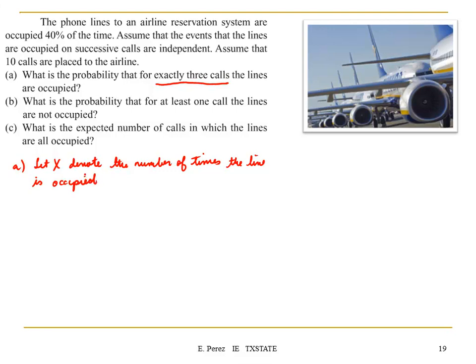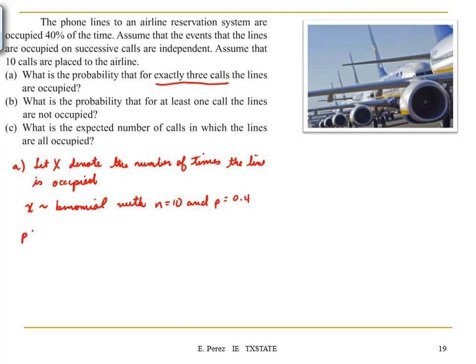Okay, so that's our success. Number of times that the line is occupied is our success. So we can say that X follows a binomial with n equals 10 and probability equals 0.4.